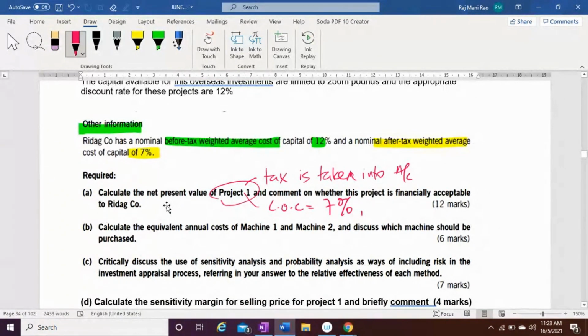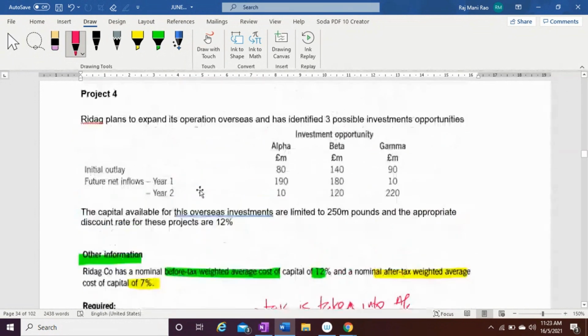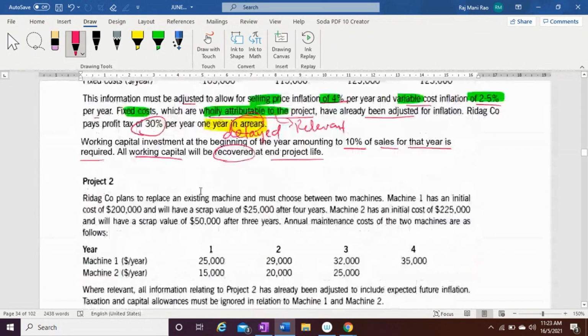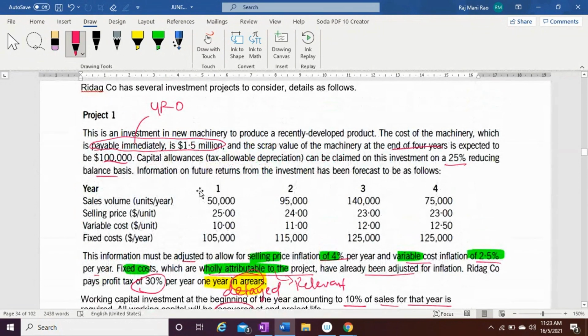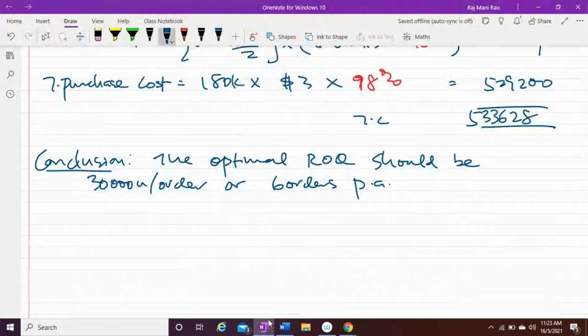If you do not take tax into account, you take 12%. Since we are taking tax into account, we will use 7% as the cost of capital. Okay, so let's calculate the NPV for project 1.